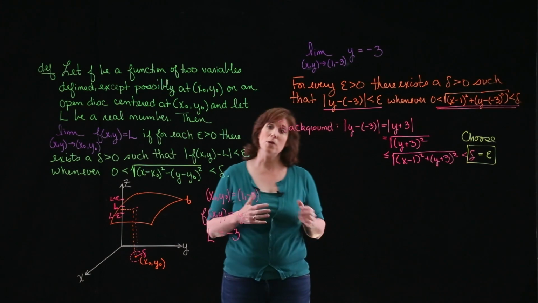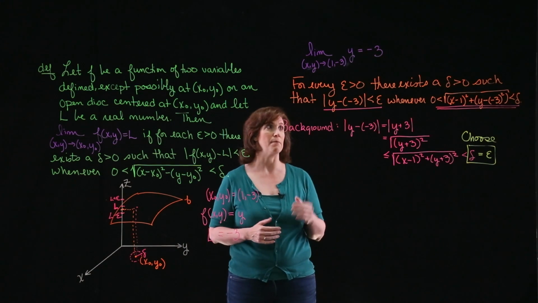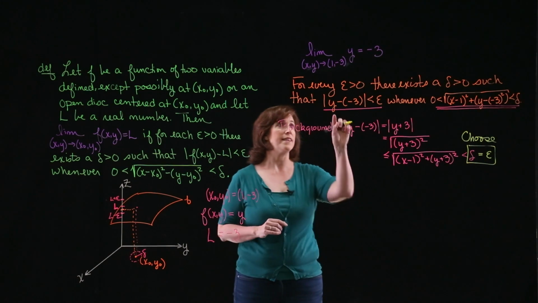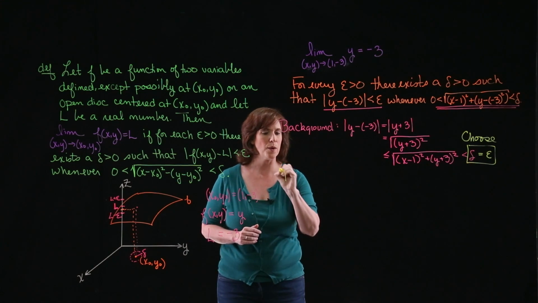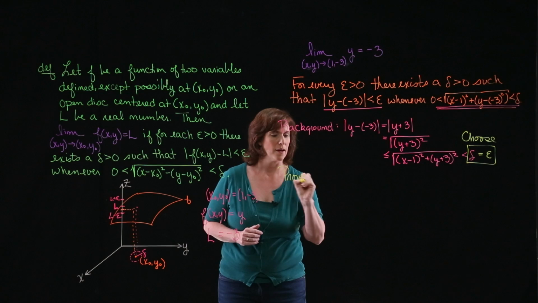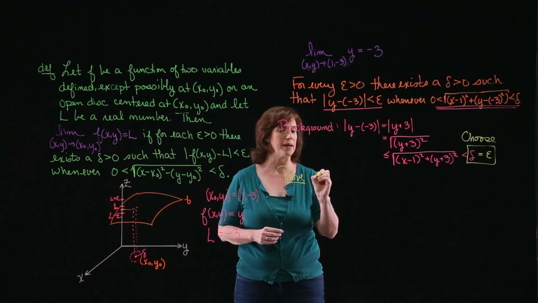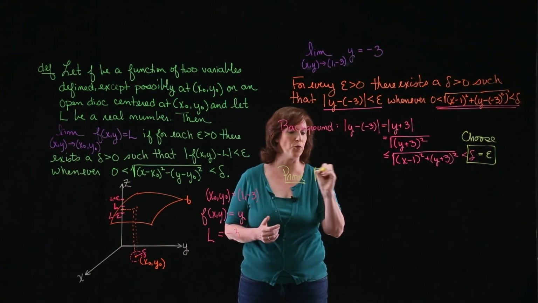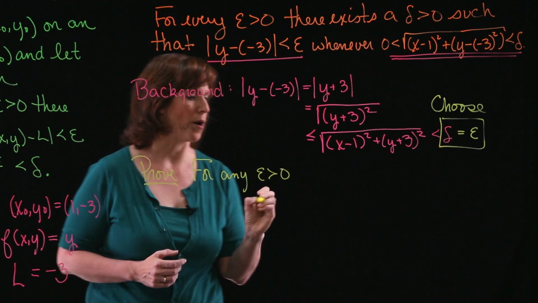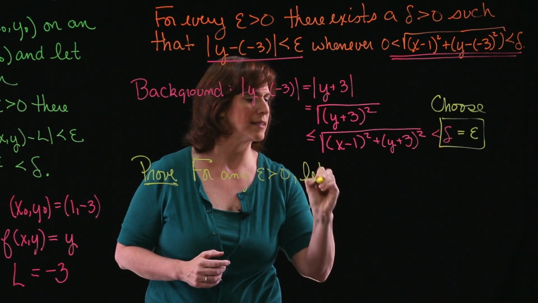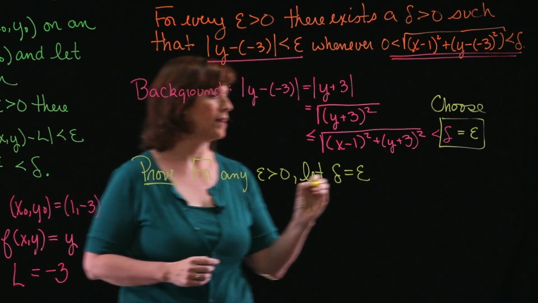Okay, now, to be honest, that was just background. I really have to prove the statement. I have to prove that the absolute value of y plus 3 is less than epsilon. So we want to prove my statement. And to do this, I'm going to start out by saying for any epsilon greater than 0, I'm going to let delta equal epsilon.